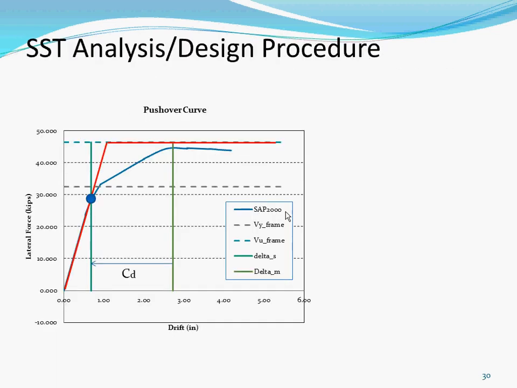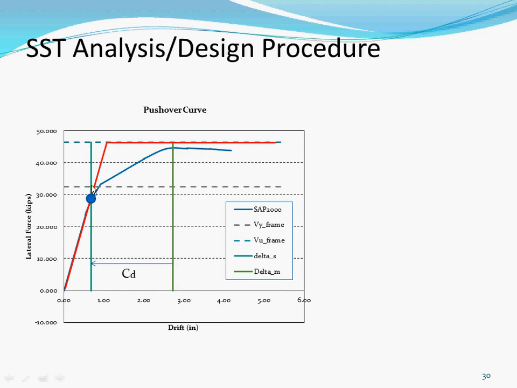So the design procedure, like I said, the C sub D is where we actually get the delta M. I'll cover what the C sub D is later, what we use it for. Actually, this delta M is what we compare to the code allowable, not the delta S. That's what the C sub D is doing, taking your elastic deflection and multiplying by a certain factor, and that's what they think your frame is going to be at the ultimate deflection.